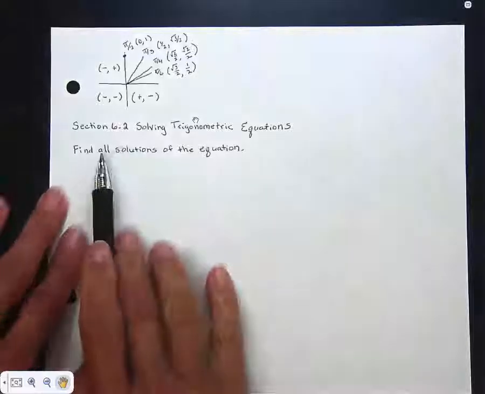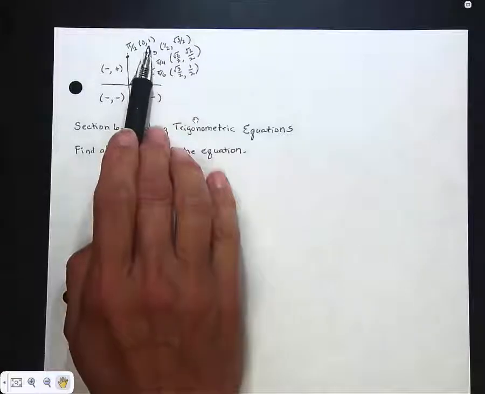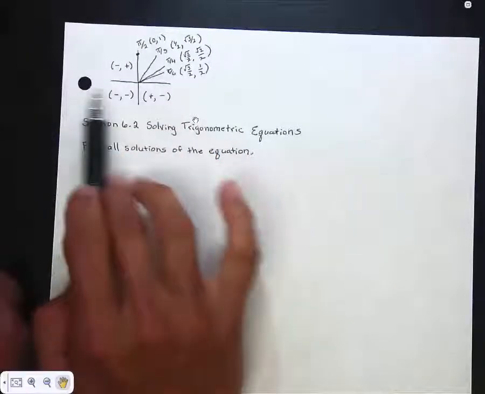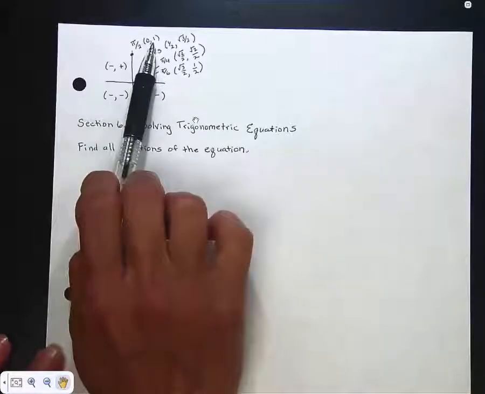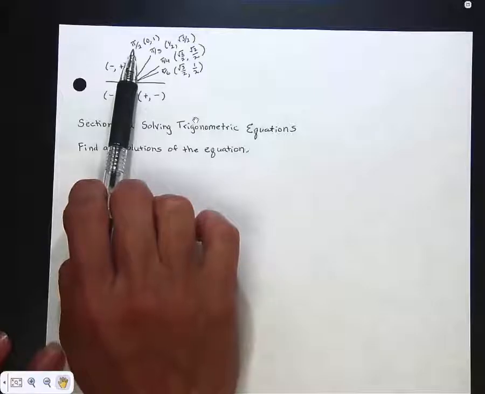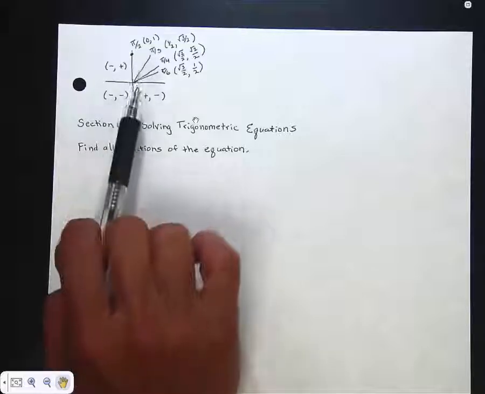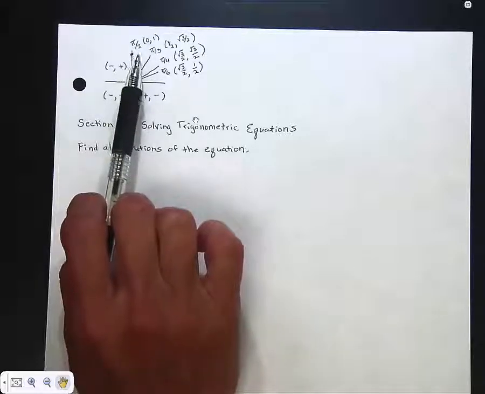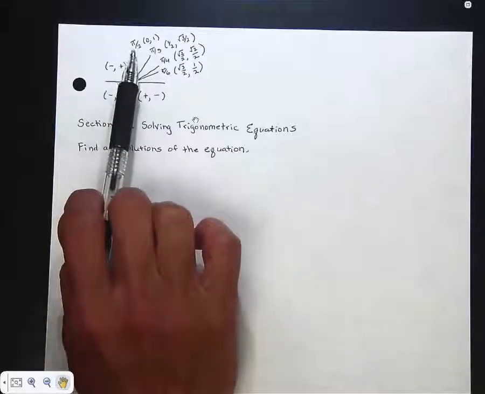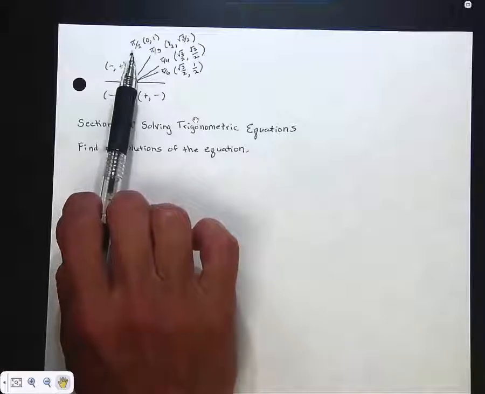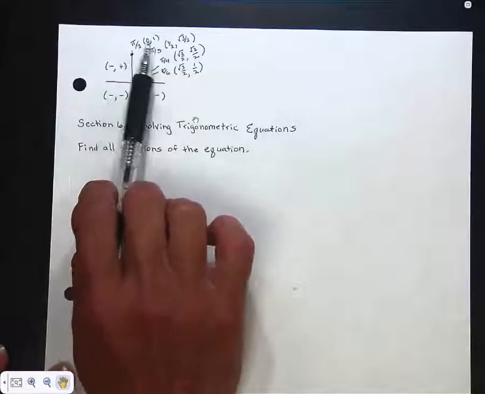So if I said solve the equation sine x equals 1, there's only one angle in one revolution of the unit circle whose sine is 1, and that's the angle pi over 2. But there are infinitely many coterminal angles with pi over 2. I could add pi over 2 plus any multiple of 2 pi radians, and I'd be right back at the same angle where sine is 1.